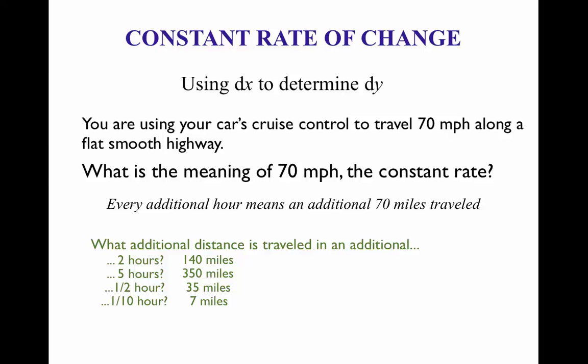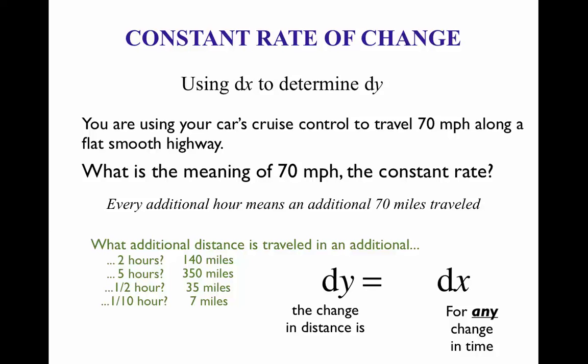Okay, so what I'm getting at is this. For any change in time, not just 1 hour, 70 miles an hour doesn't just talk about a change of time of 1 hour. It talks about, for any change in time, what is the change in distance relative to the change in time? 70 times.